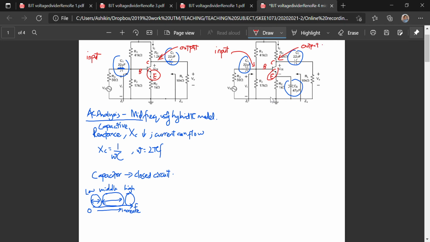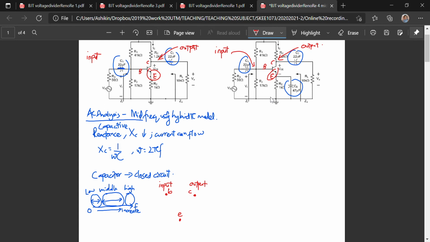So the next step is to draw the hybrid pi model during mid-frequency. Firstly, I like to draw the input on the left and the output on the right. We label input and output. The input is connected to the base, and the output is connected to C. And then the emitter is over here.